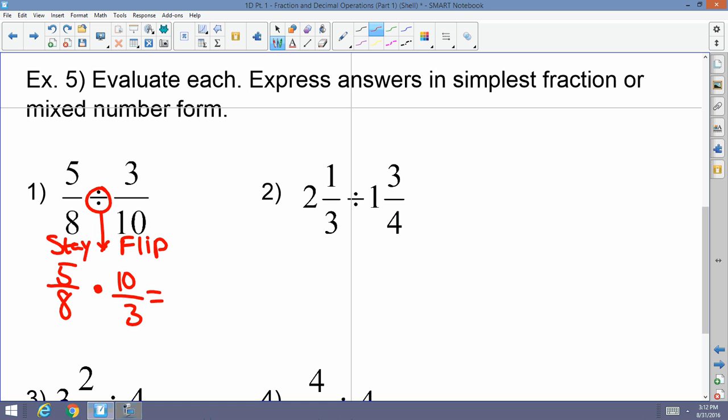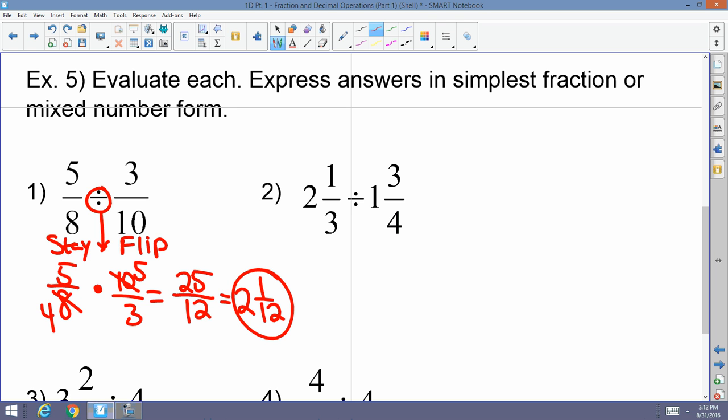Okay. I can cross reduce here. 2 goes into 8 4 times. 2 goes into 10 5 times. Now I multiply. Numerators times numerators, denominators times denominators. 5 times 5 is 25. 4 times 3 is 12. 12 goes into 25 2 times with 1 left over. 2 and 1/12 is my answer.